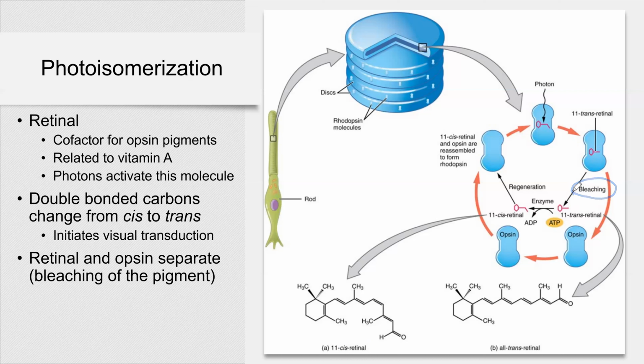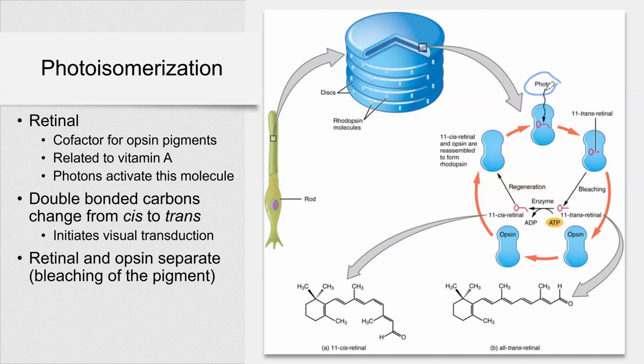So what is bleaching of the pigment? It's like pigment became bleached, right? So, you know, it lost something. It lost this color part, right? I think it's only color here for our better understanding. But bleaching means opsin and retinol split, right? And when it happened, when you have light.